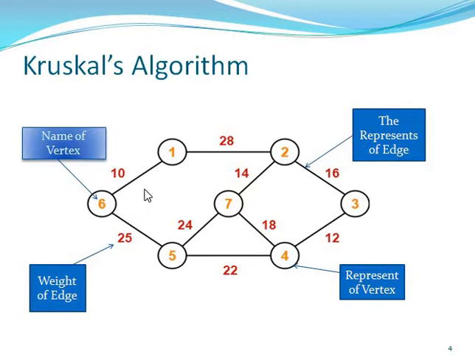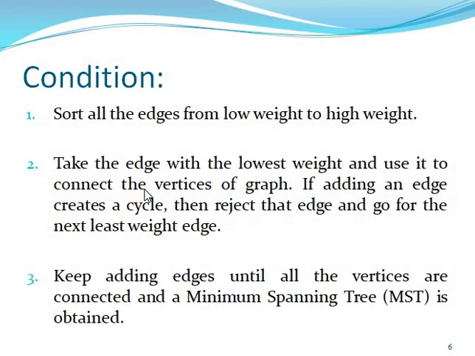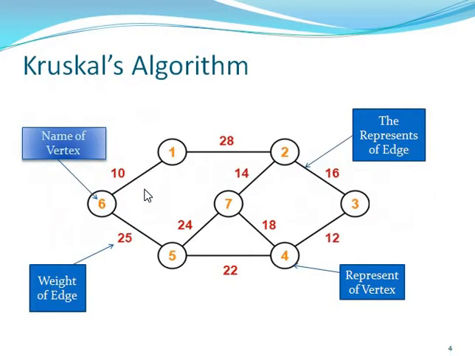So this is one basic condition. So first we sort the edges. The first condition is that all the vertices are connected from low to high weight. It means the low weight is connected first, then after that you connect the higher weight. Second, note down that no cycle is created.